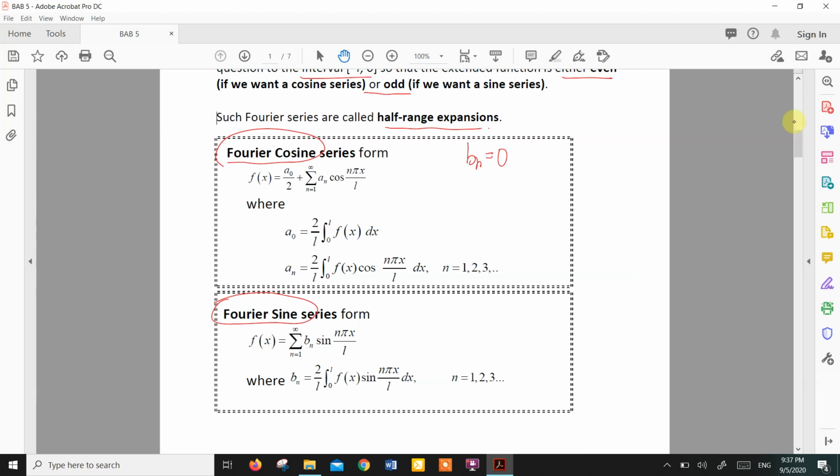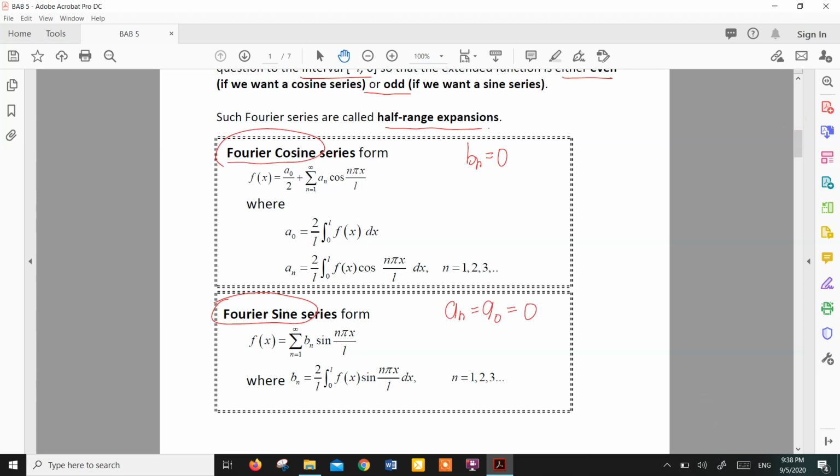If the function is an odd function, which is the sine function, then you will have a0 equal to an equal to 0. If you are still confused, please go back to the previous subtopic 4.3.